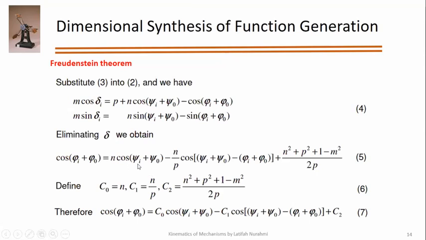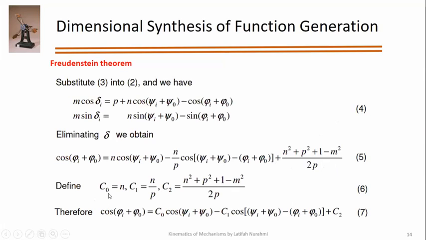And you will have here N cos this minus N by P cos phi I plus phi naught minus phi I plus phi naught plus N square plus P square plus 1 plus M divided by 2P. Okay, so this you can get.